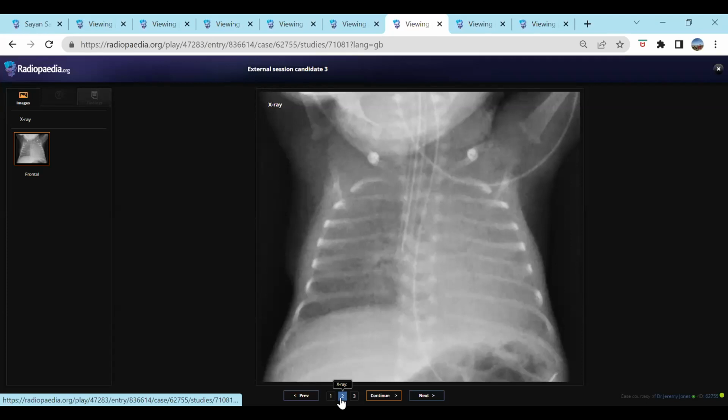Both lungs appear granular and hazy with associated air bronchograms, so that most likely suggests respiratory distress syndrome. There is no evidence of any pneumothorax or pneumomediastinum in this image, and no pleural effusion. In my routine practice, I'll pick up the phone and inform the pediatricians about the malpositioned endotracheal tube.